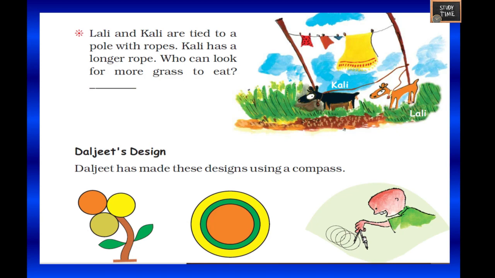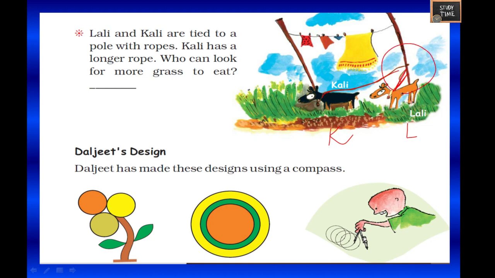Next, Lalli and Kali are tied to a pole with ropes. Kali has a longer rope. Who can look for more grass to eat? This is Kali, this is Lalli. This one is tied with a small rope, this one with a bigger one. If the length of the rope is small, it can only make a circle here.